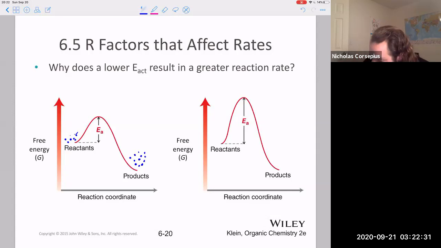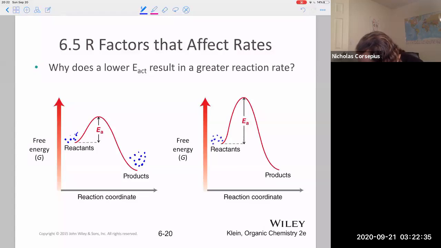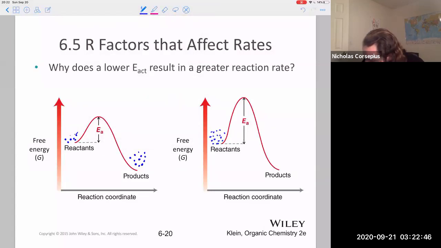If we look over here, assuming I start out with the same setup, this has a much higher activation energy, which means that the probability that one of these guys is actually going to gain enough energy to jump over that hump is that much less, right?